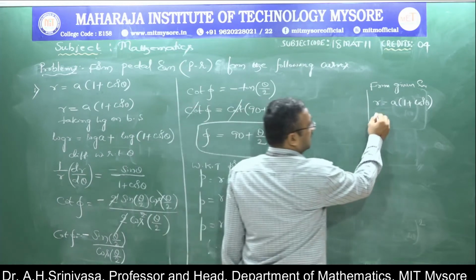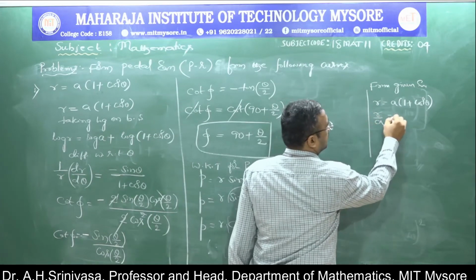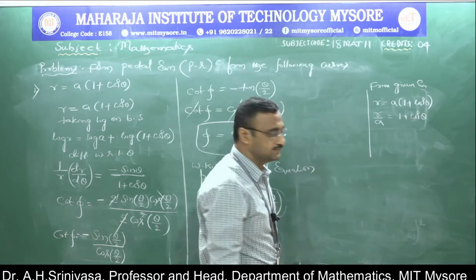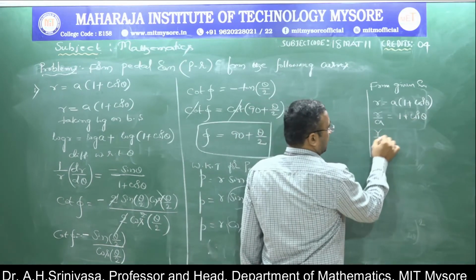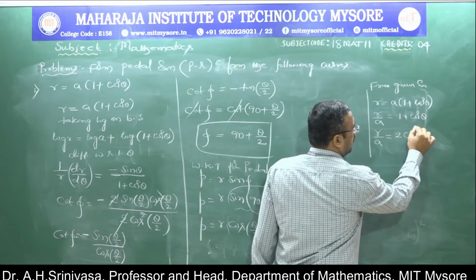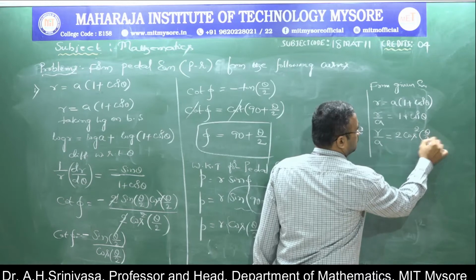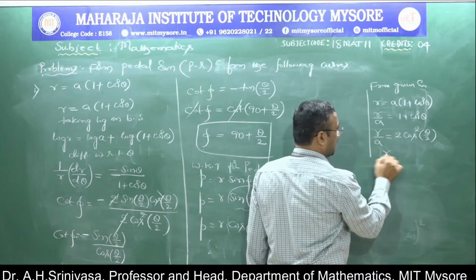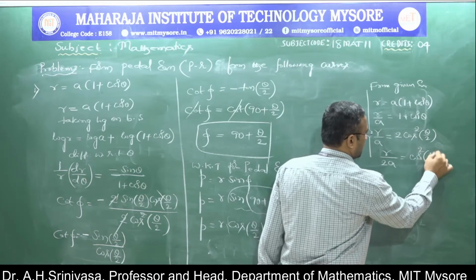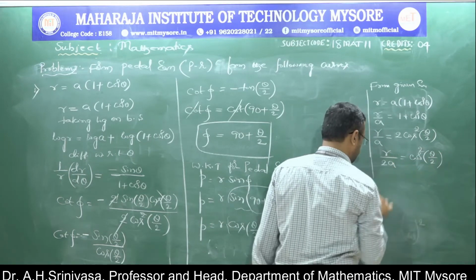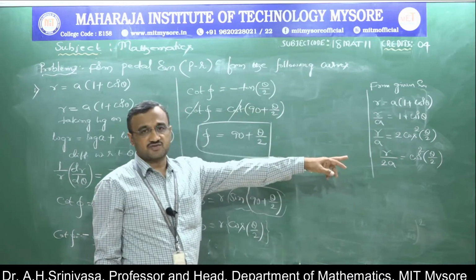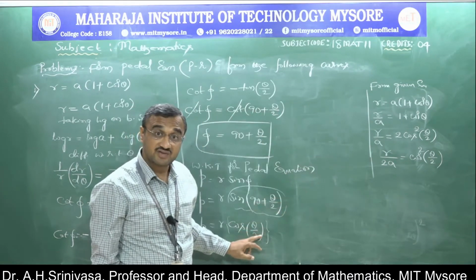Okay. r by a should be equal to 1 plus cos theta. Is it clear? r by a should be equal to 1 plus cos theta. We can write this as 2 cos square theta by 2. Or simply r by 2a is cos square theta by 2. Okay. So we know the value of cos square theta by 2. But we have the value of cos theta by 2.